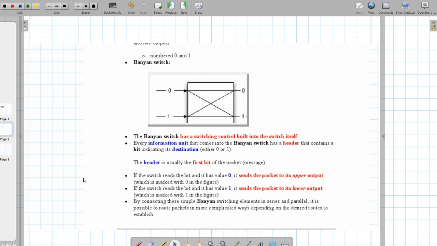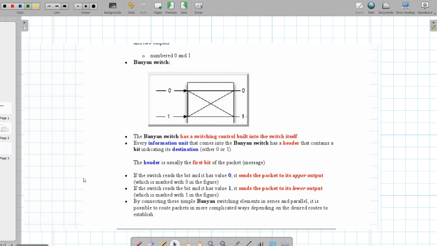Whatever information arrives into the Banyan switch, there is a bit associated with that information which contains the destination in terms of either 0 or 1. If the switch reads the bit and it has a value 0, then it sends the packet to its upper output.